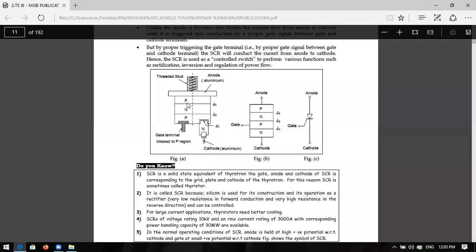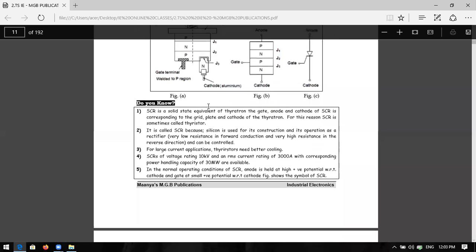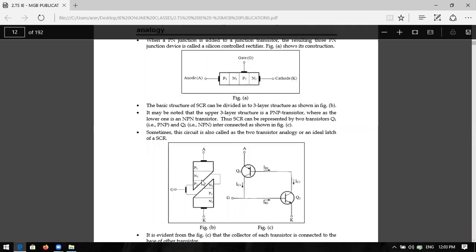If you cut it exactly in the middle, it resembles two transistors connected back to back, an NPN and a PNP. If you cut exactly in the middle, it will behave like two transistors, PNP and NPN. So the equivalent circuit is like this.